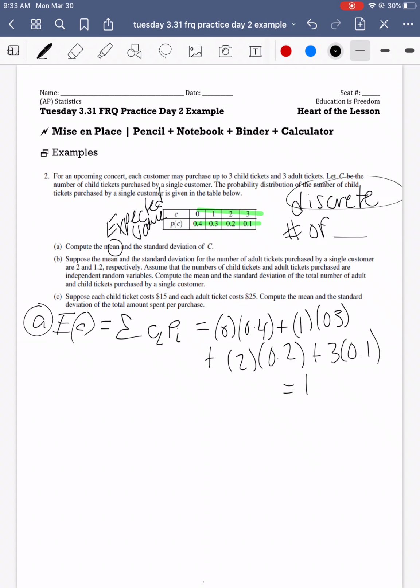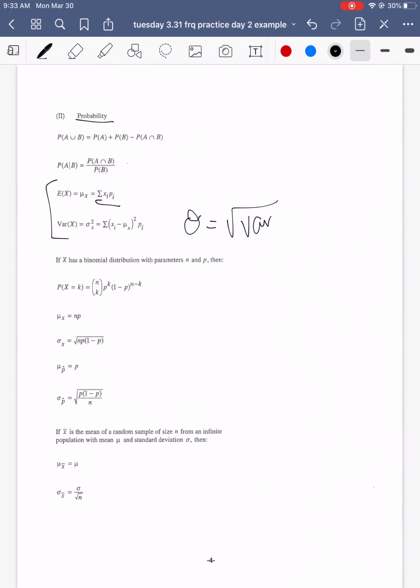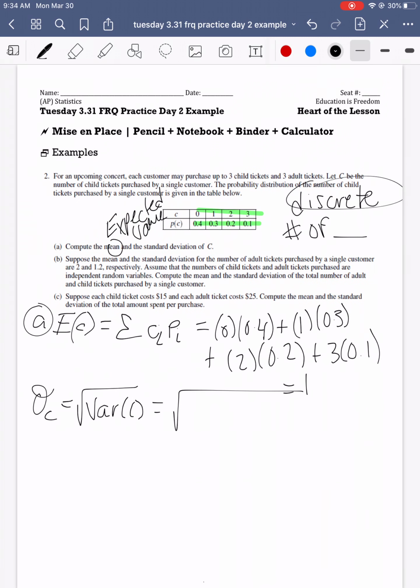So then our standard deviation of C, so I'm going to put a little c subscript to note that this is the standard deviation of C, that's going to be equal to the square root of the variance of C, which is equal to the square root of the formula that we had over here. So this is the sum of x minus the mean, quantity squared, times the probability. So here, instead of using x, we're going to use c.